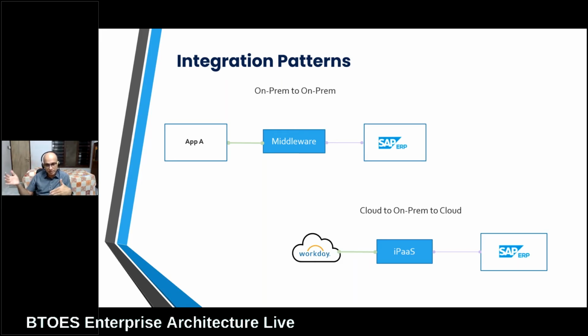But as we started adopting cloud, there was a requirement for cloud applications to talk to on-premise, and on-premise to talk to cloud. Let's say Workday, a SaaS application hosted in cloud, might need to talk to SAP. There are multiple ways to do this today.